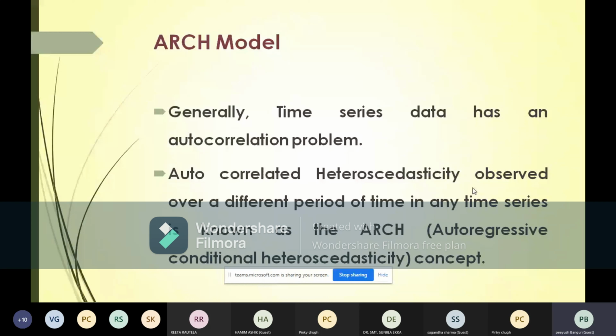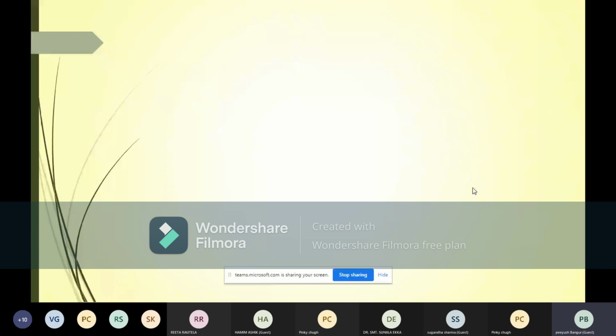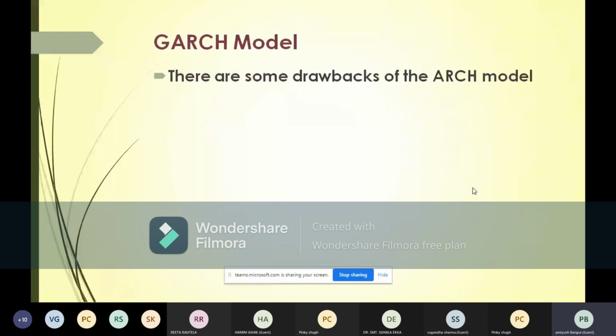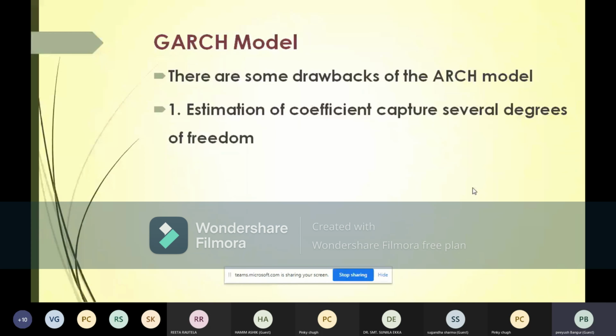The modified version is the GARCH model. It is one step ahead of the ARCH model. There are some drawbacks of the ARCH model. The first one is that the estimation of coefficients captures several degrees of freedom. When it comes to the ARCH model, we have to use a very large degree of freedom.